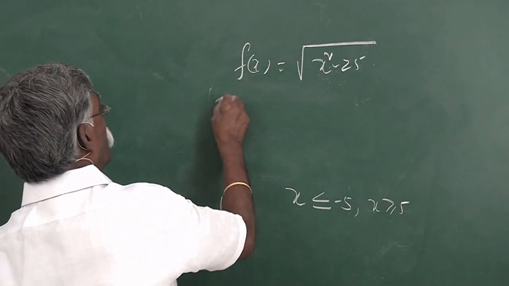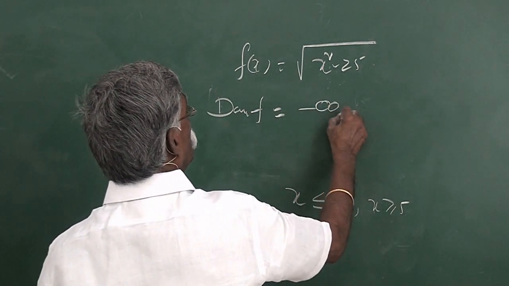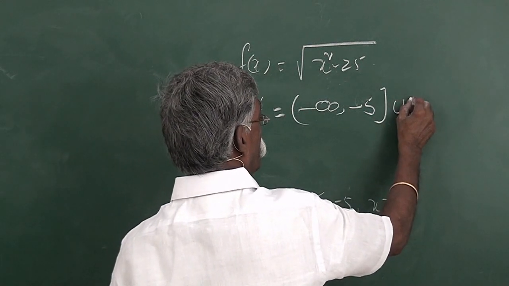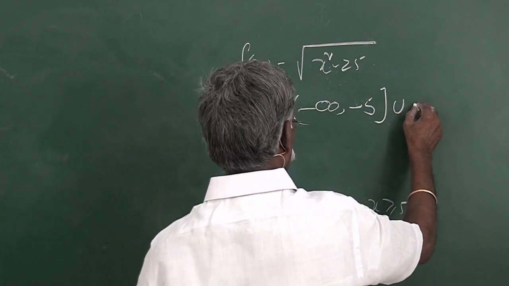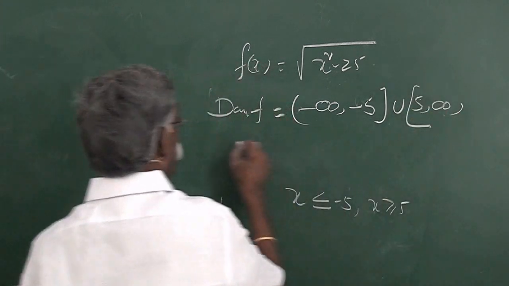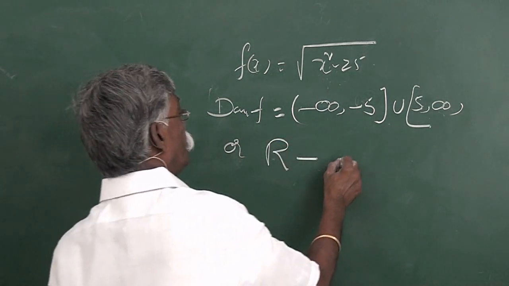Therefore, domain f can be written as minus infinity to minus 5 union 5 to infinity.